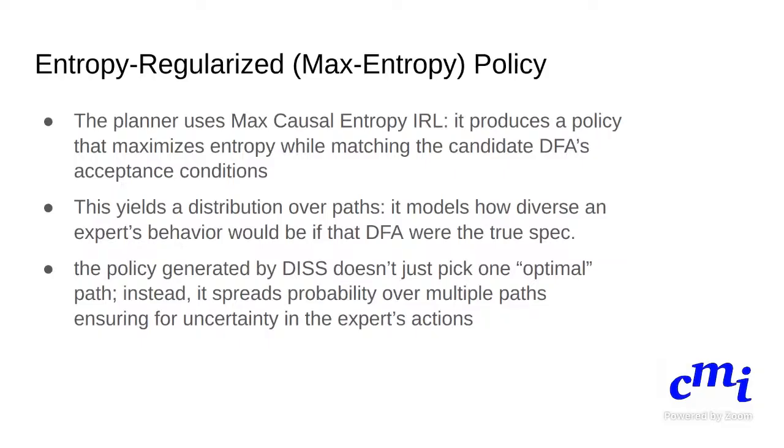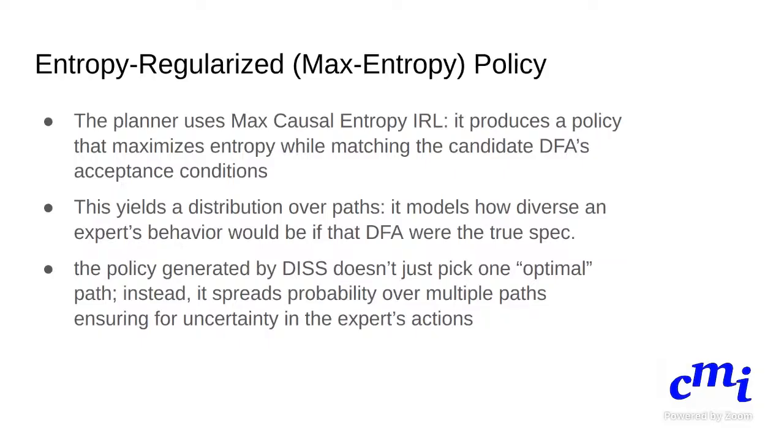It spreads over all the paths, such that we cover all the paths. The assumption is that in the middle of the DISS algorithm, we might not have the correct automata.